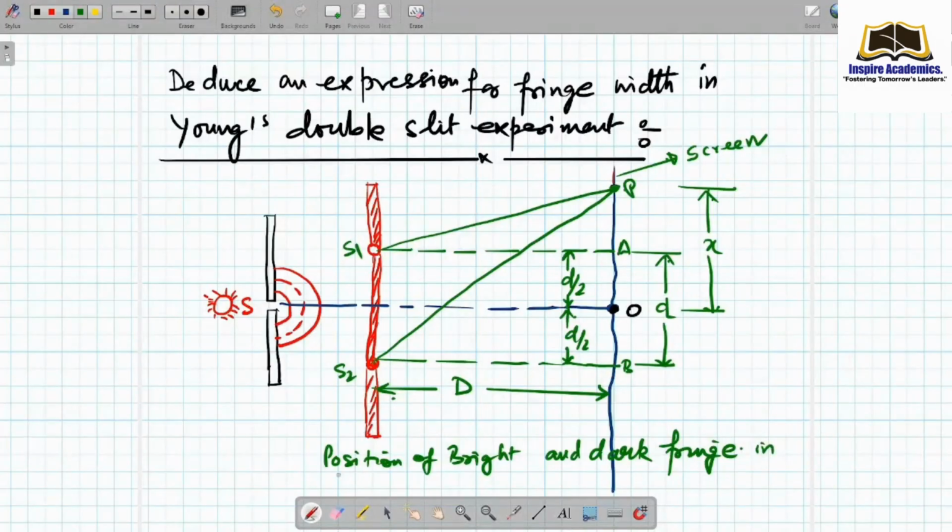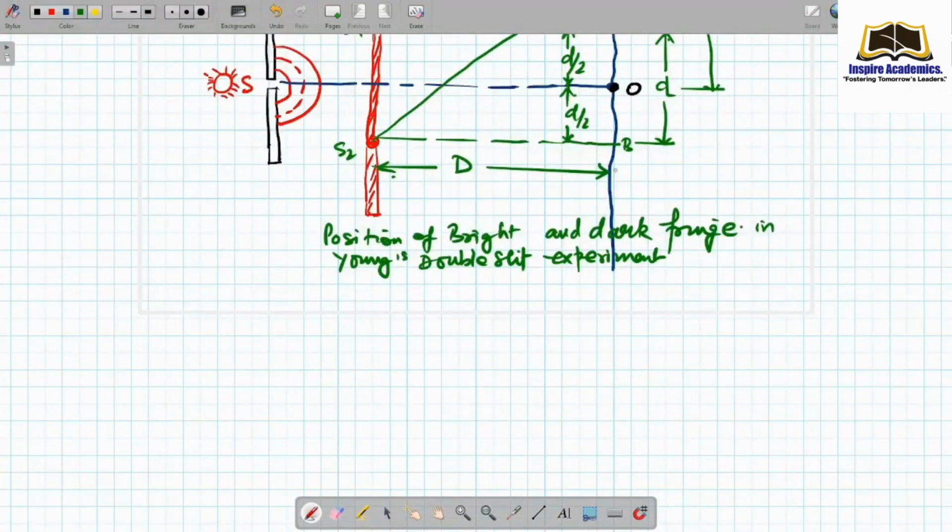In Young's, this diagram that we have made belongs to Young's double slit experiment. All right, so this is how. Let us go and do some mathematical investigation.